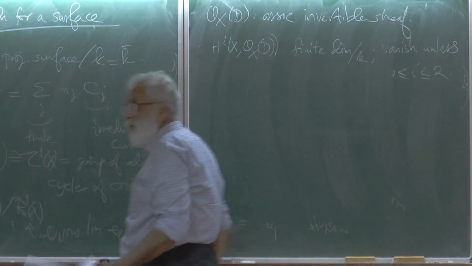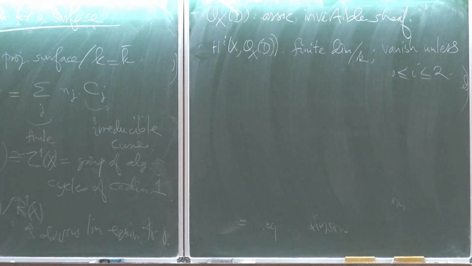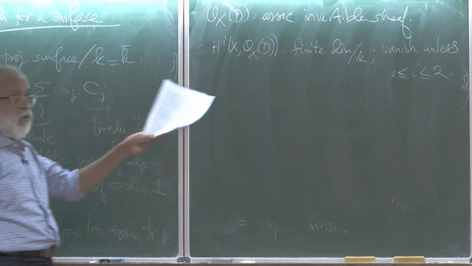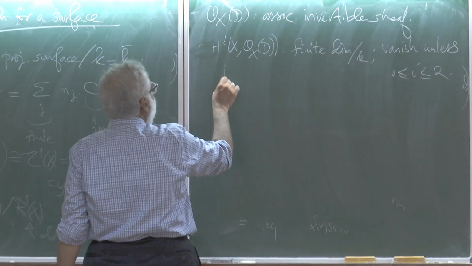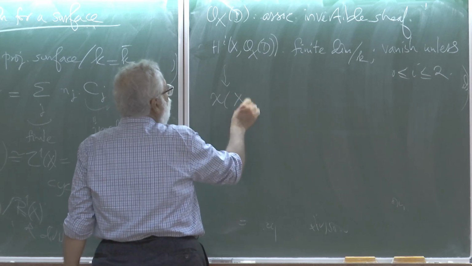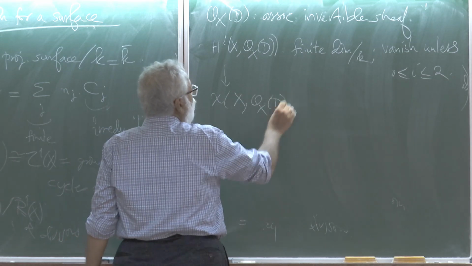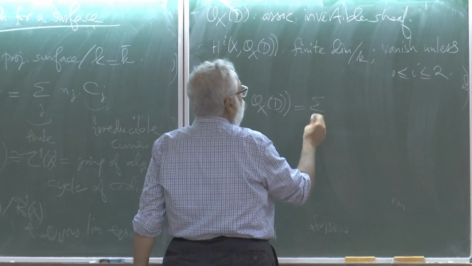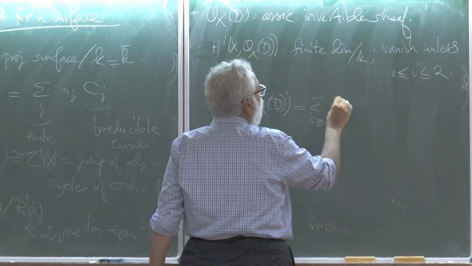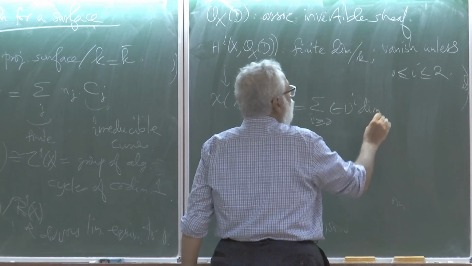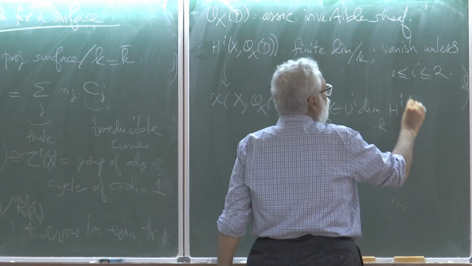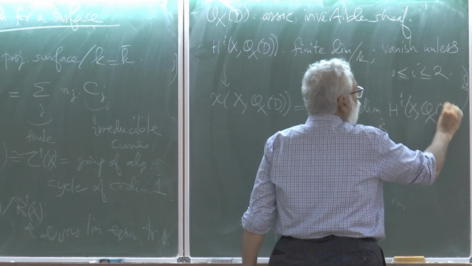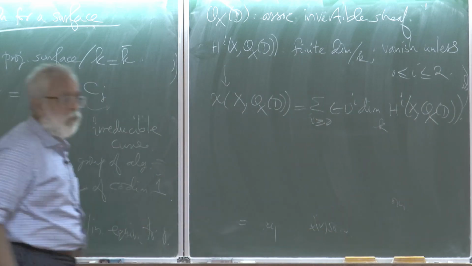Because X is a surface, the dimension is 2, only the zeroth, first and second cohomologies could possibly be non-zero. And so therefore again I have a notion of chi(X, O_X(D)) equals the sum over i of (-1)^i dimension H^i(X, O_X(D)), the Euler characteristic.